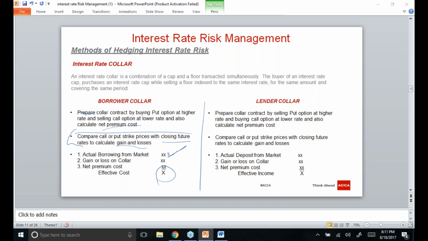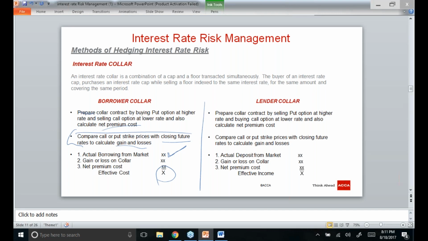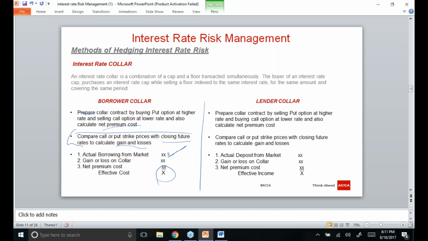Okay, in the lender collar, it's very simple. Make a collar contract, it's exactly the opposite. Make a collar contract by selling a put option at a higher price and by buying a call option at a lower rate, and calculate the net premium cost. And compare the call or put strike prices with closing future rates to calculate gains and losses.